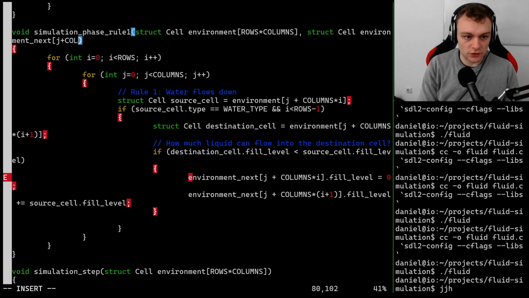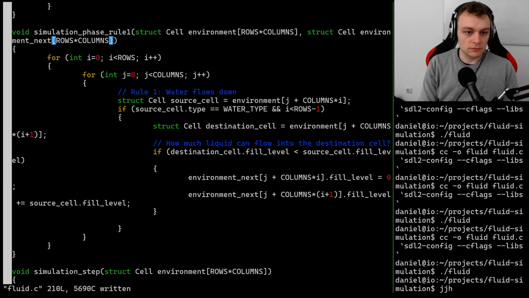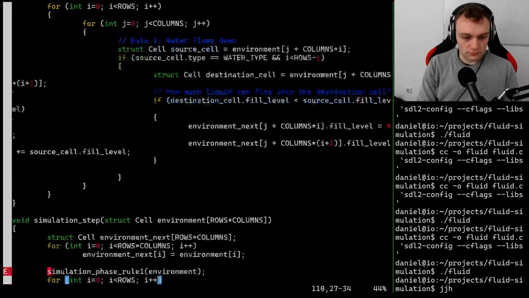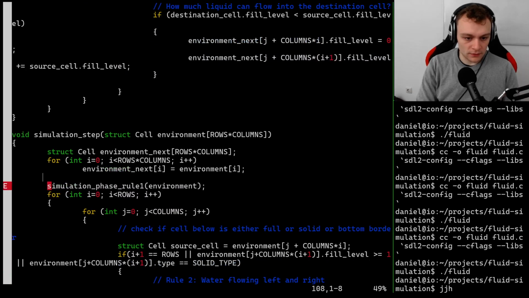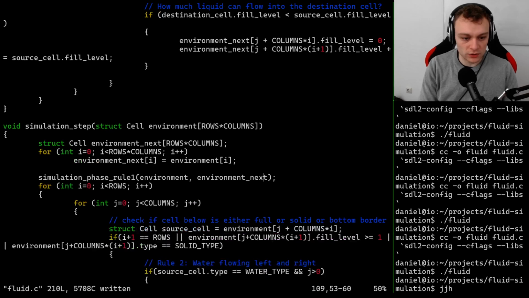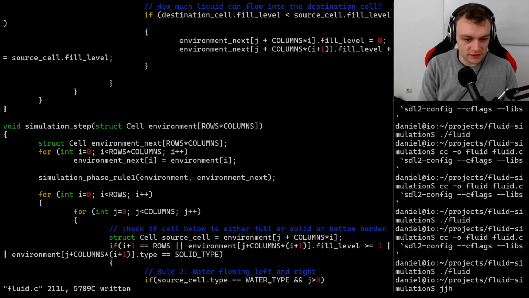J plus columns multiplied by I, of the same size, rows by columns. And then we call phase 1 or rule 1 on the environment next as well. Then this is the execution of phase 1.